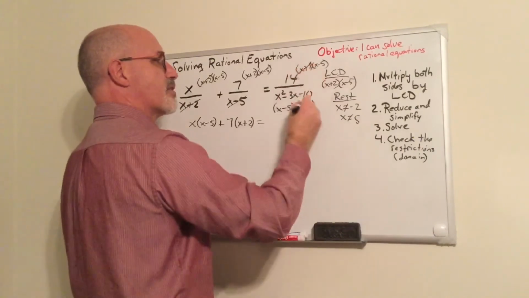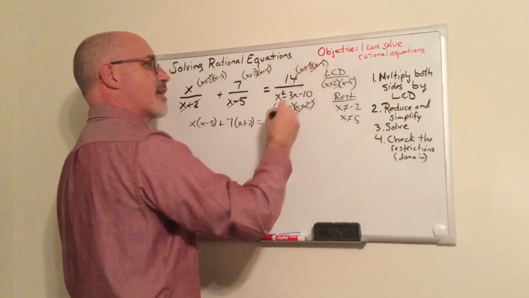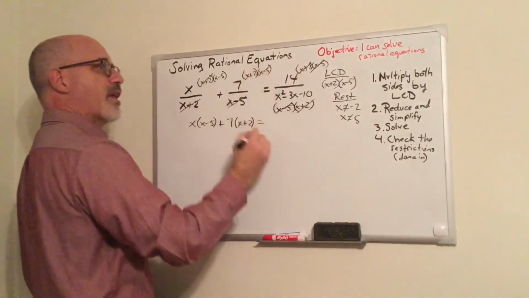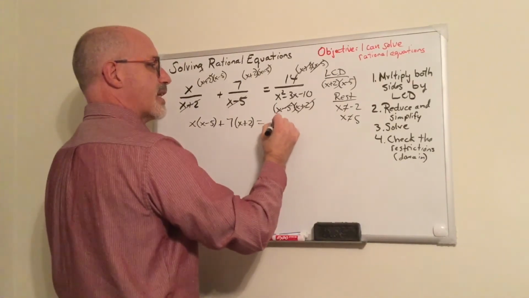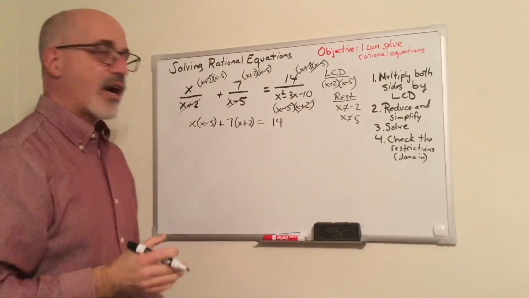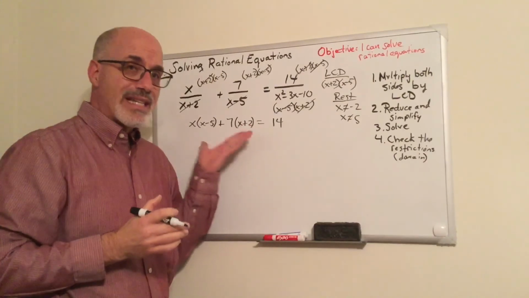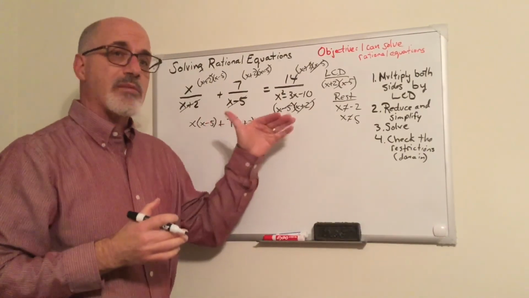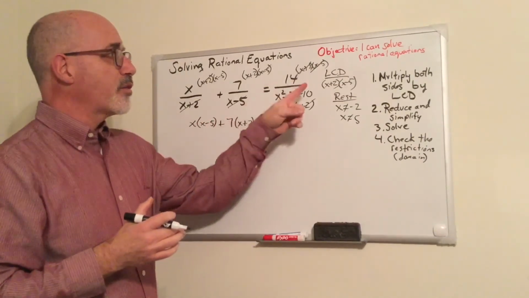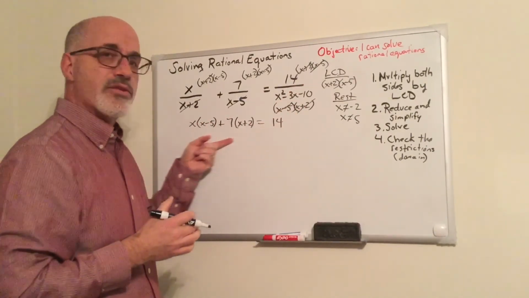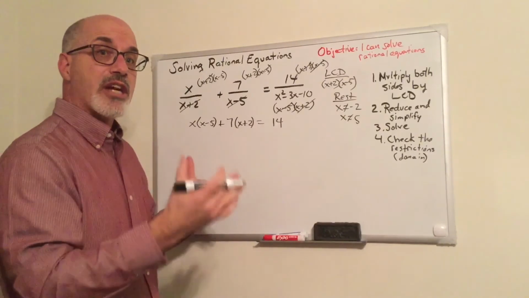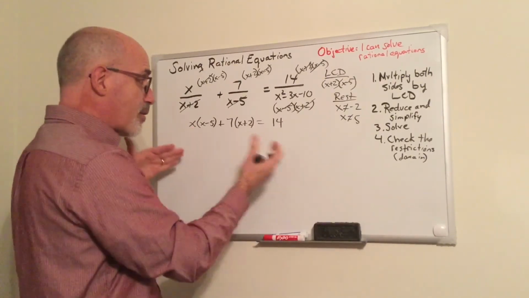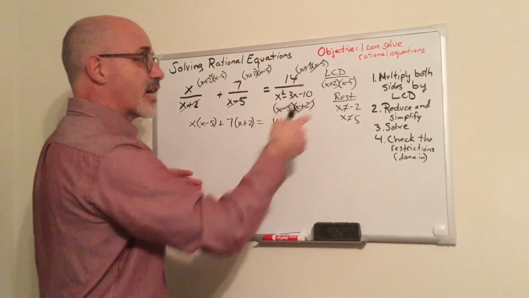Both the x plus 2 reduces and the x minus 5 reduces, so all I'm left with here is my 14 in the numerator. Once I get here, if you don't have no denominators, then we need to start again, because the whole purpose of multiplying by the LCD was to eliminate those denominators. Now we can check our solution, find out what this solves to, and then check it with the restrictions.